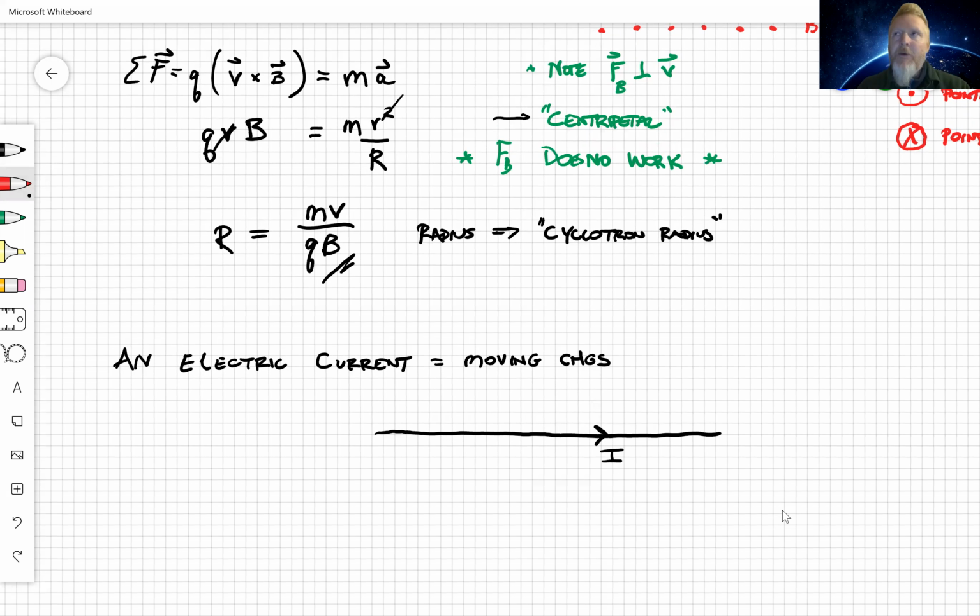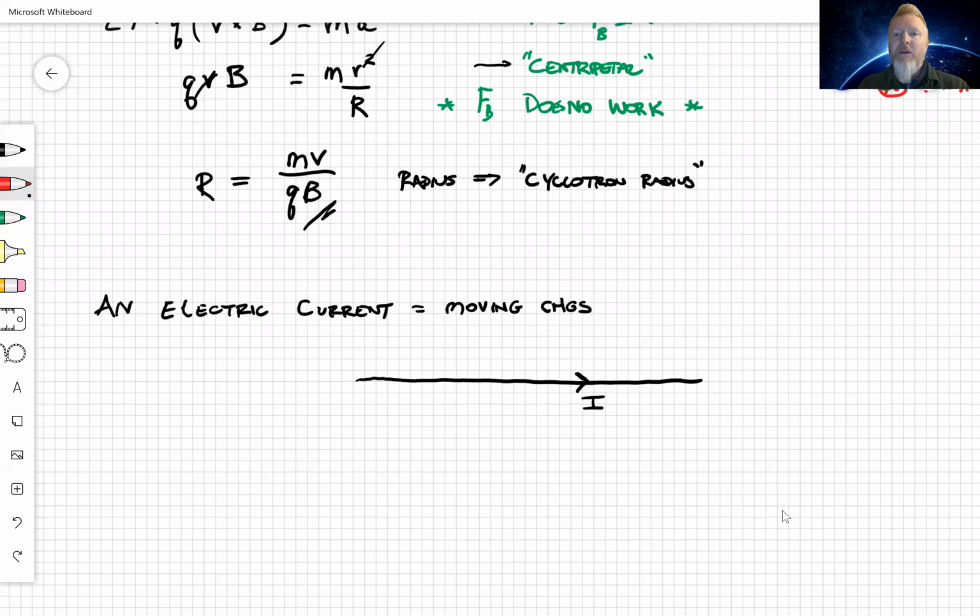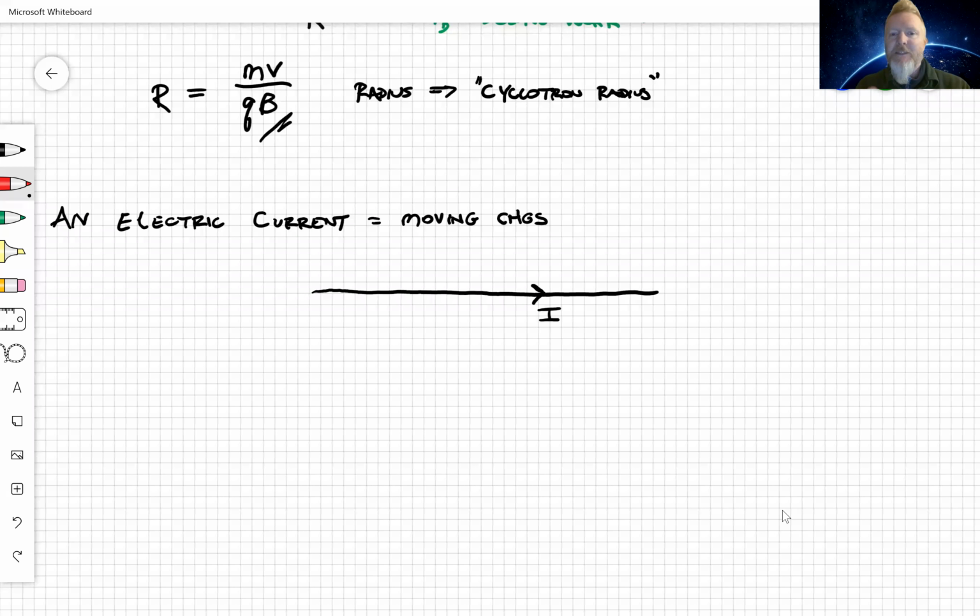Suppose that I take a magnetic field. I'll just do the same thing as I did up there, right? I shot in an isolated ion, kind of like we did with the electron gun, except it would have been a positive ion gun.